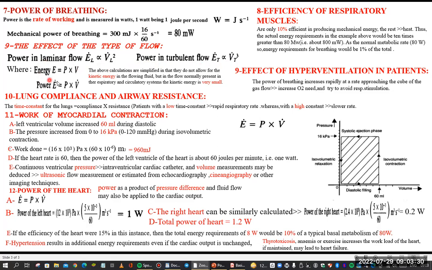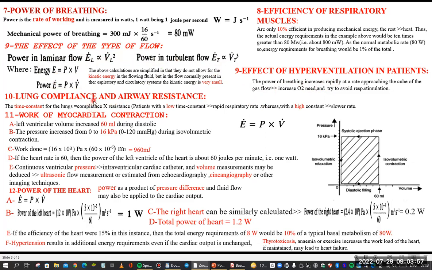Where energy means pressure per volume, and power means pressure per flow. So these are the differences between the work of laminar and turbulent flow. Of course, hyperventilation increases the work of ventilation.